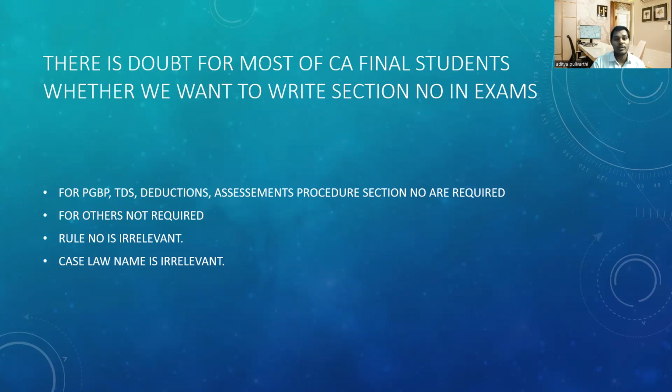So I am going to tell you the chapters for which you should quote the section number. For PGBP, TDS, deductions, and assessment procedure, section numbers are required compulsorily. For others, that is the remaining chapters, we are not required to quote the section number.